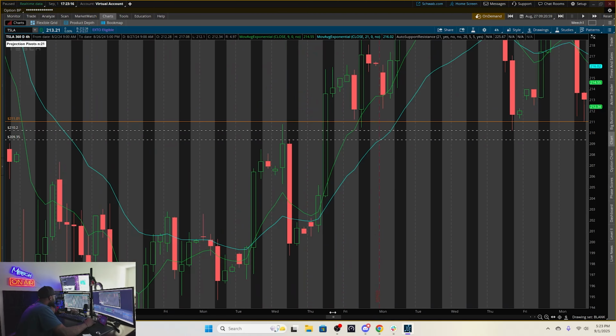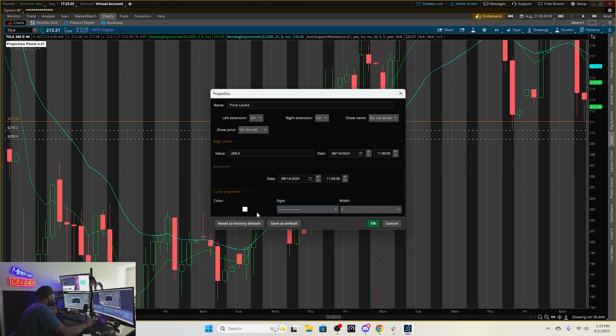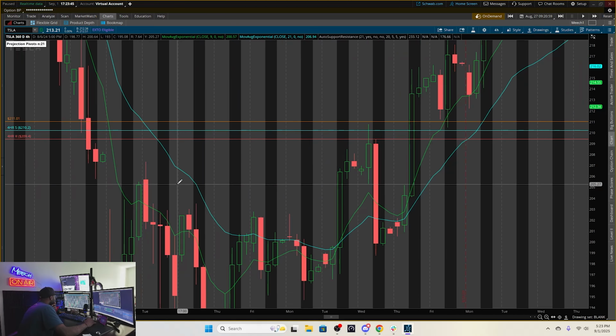What do we have? I'm gonna put this as a resistance because it touched this first, before it actually got to a support. Let's see, so we have a support, we have a resistance.